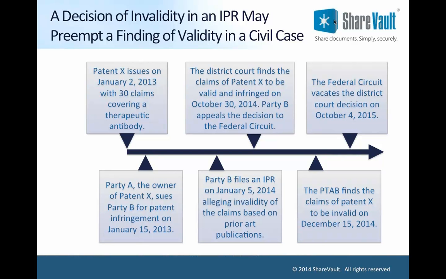The PTAB, after the district court decision, finds that the claims are unpatentable or invalid. And the result is that the Federal Circuit decides that the claims are invalid, that the PTAB basically called the shots. As I said, this was essentially a re-exam case, but there's no reason why the same logic wouldn't apply to an IPR.